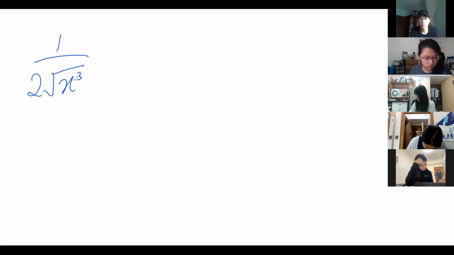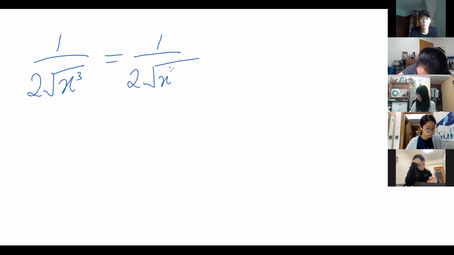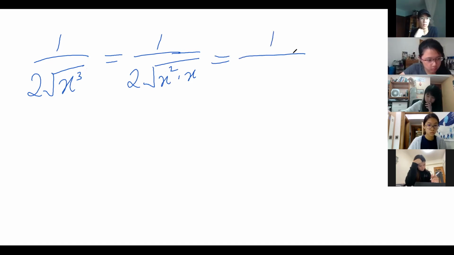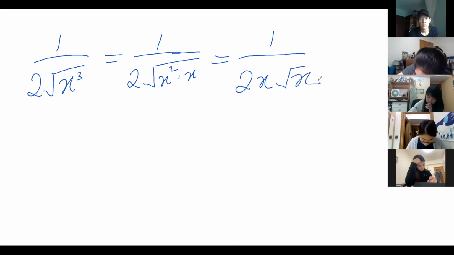Okay, so I assume this is what you mean. If this is what you mean, I'm trying to use Nakita's idea earlier. Do you agree? This is what happens, right? So you are okay to write your answer as 2x root x if you want, or you just leave it as this. This is not compulsory.